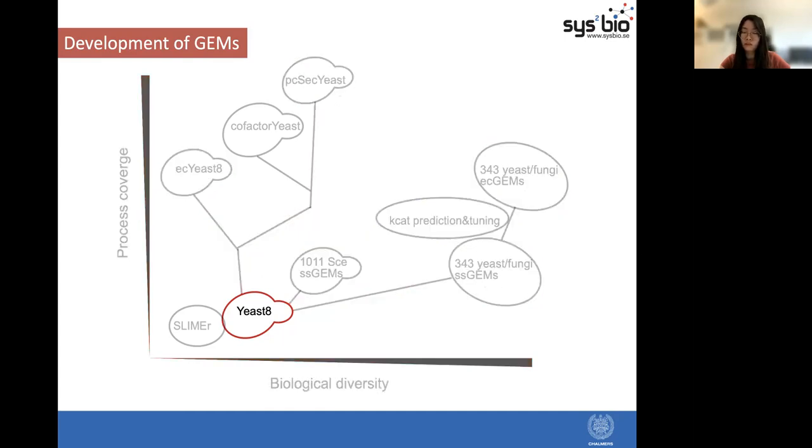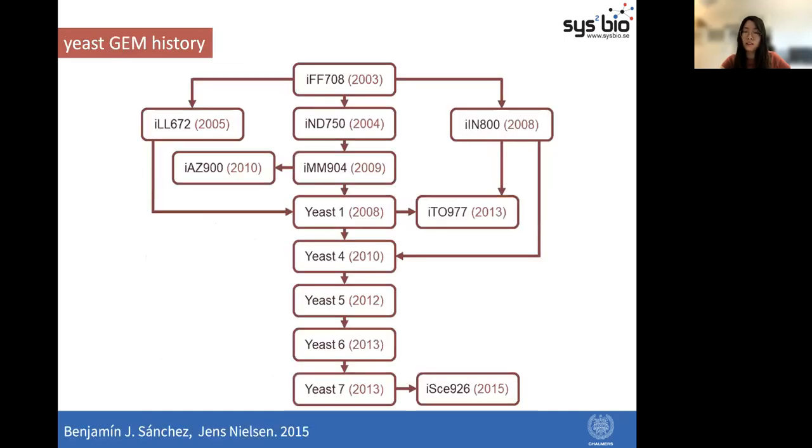So let's start with the first and simplest one, Yeast 8, which is a normal GEM for baking yeast. Actually, we are not the first ones who decided to generate a model for baking yeast. More than 10 models for baking yeast have already been published. And why do we want to generate a new variant?